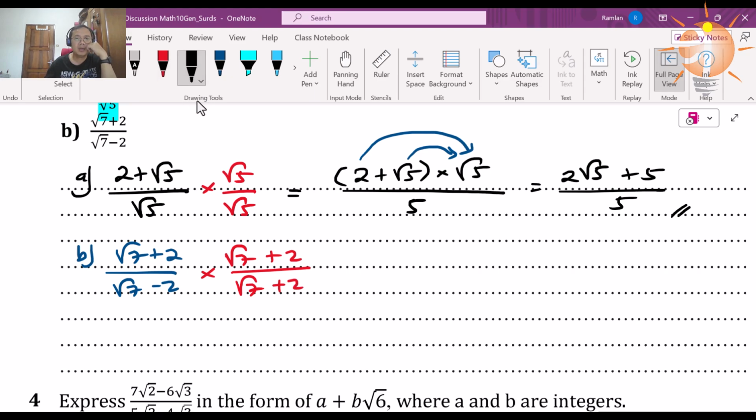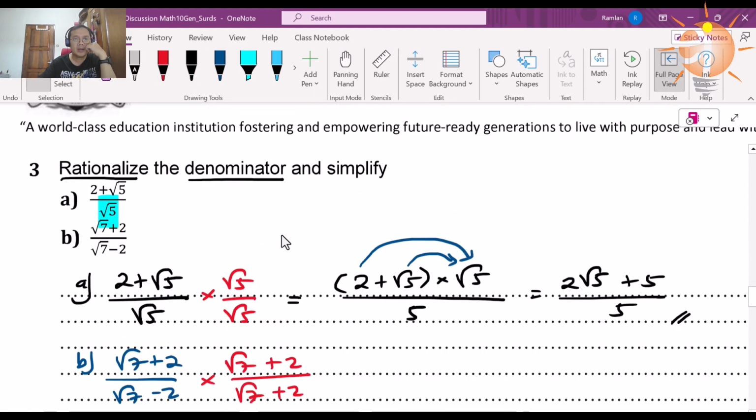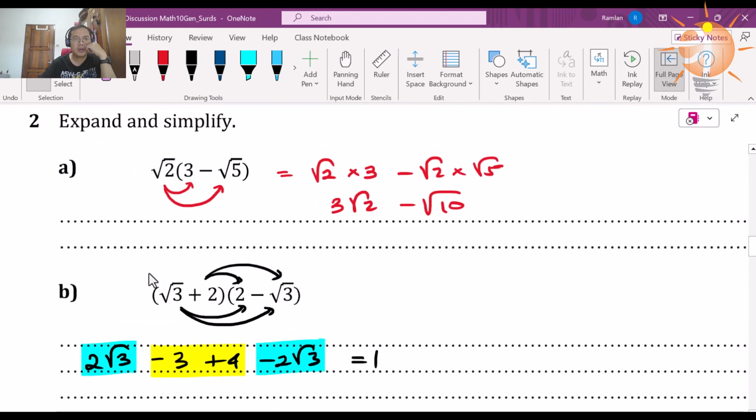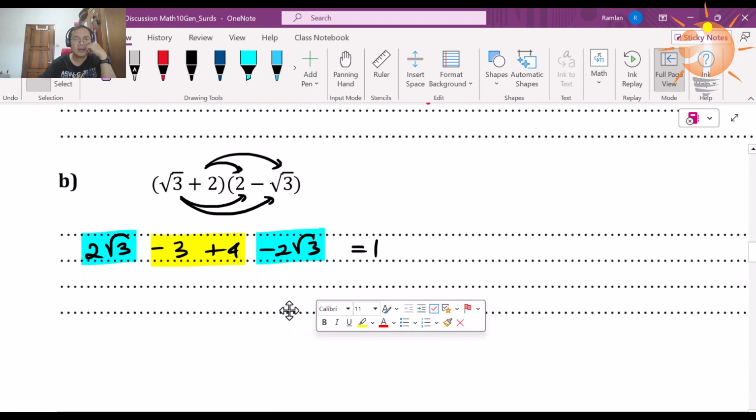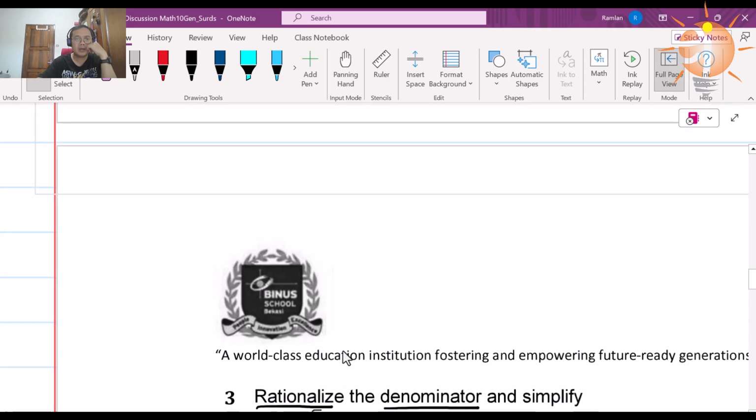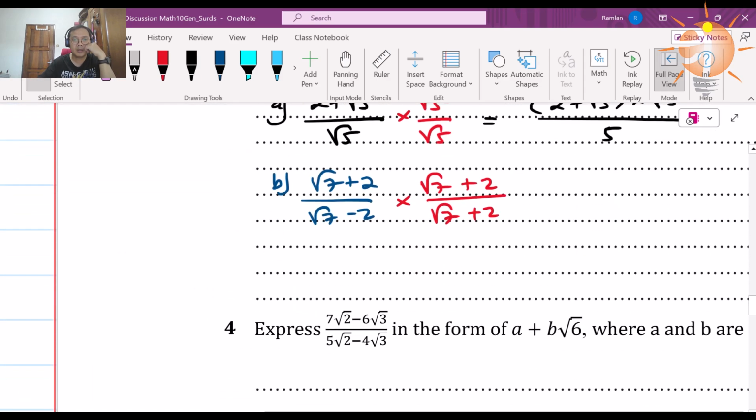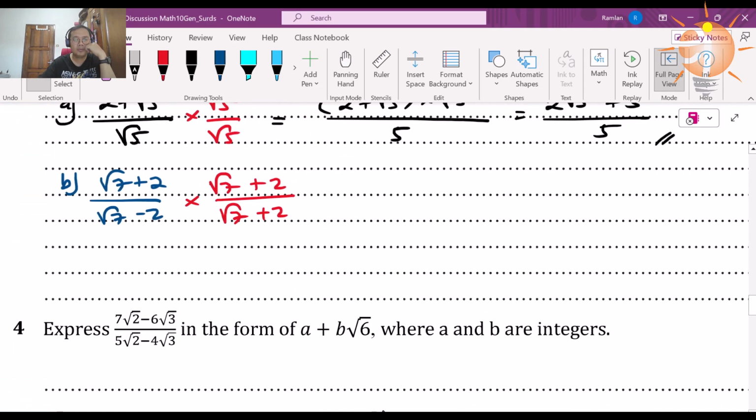And then you do the same thing like before. You can do it like this, okay? Let's just try it. If we multiply this, remember that if you want to rewrite them again, you should write it down like this: square root of 7 plus 2, and then square root of 7 plus 2 from here and here.